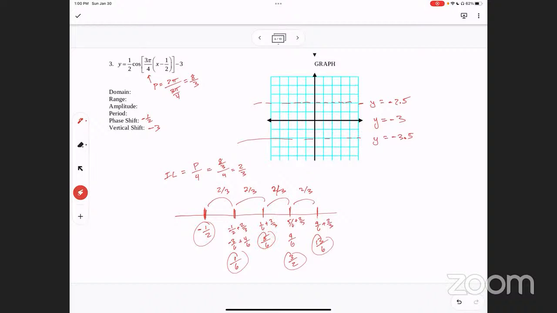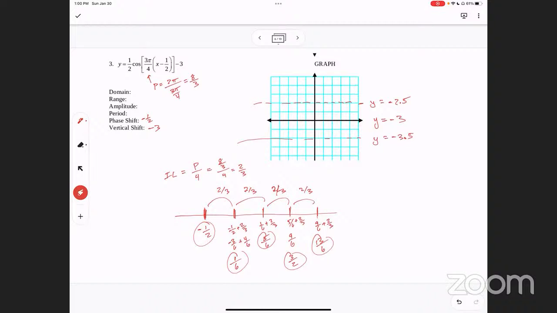5/6 plus 2/3 is 9/6. That's right. Why is this not working out for me? What am I doing wrong? 13/6 minus 3/6 is 10/6.